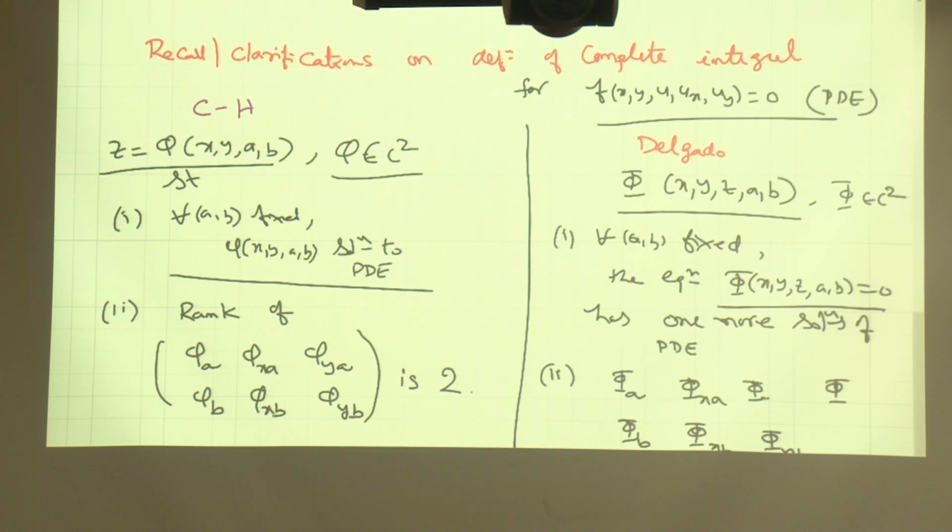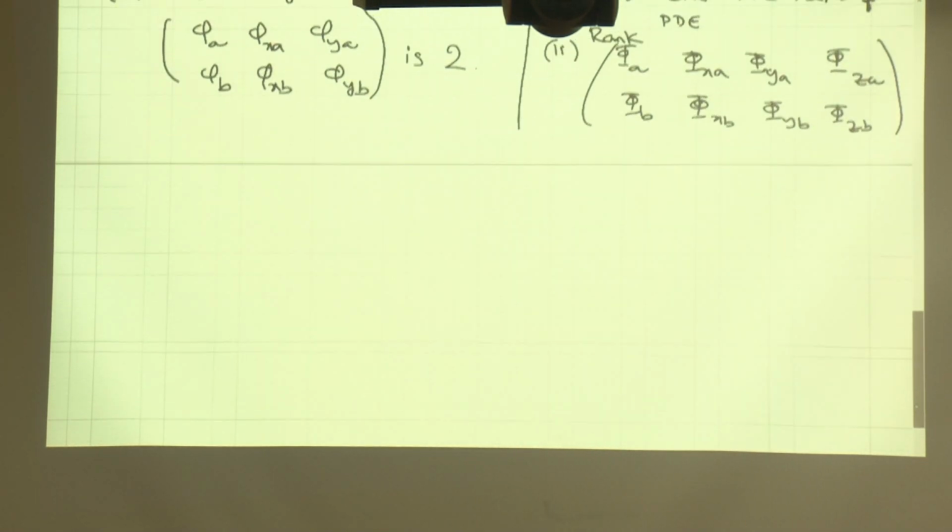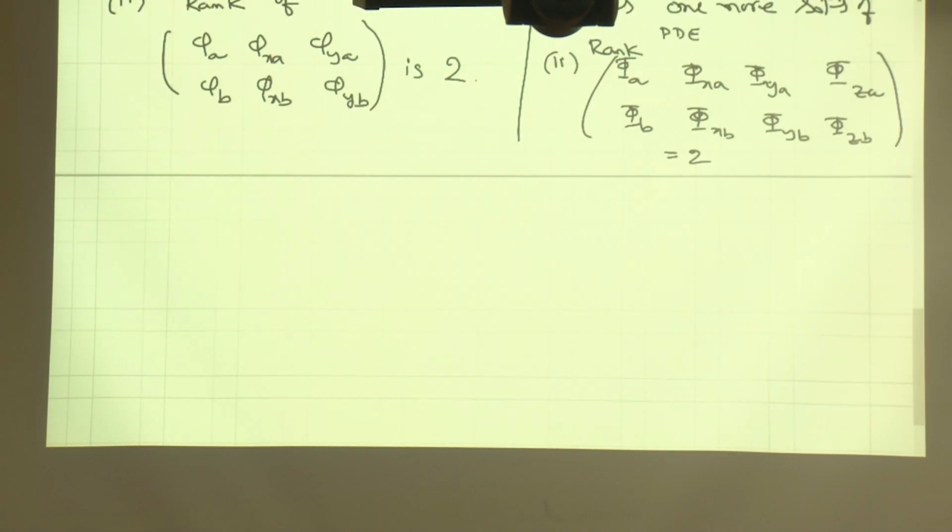This is phi_xa, phi_ya. I'm just imitating what is on the LHS, no? Phi_b, phi_xb, phi_yb. That's right. So now phi_za, phi_zb. So the rank of this matrix is 2.